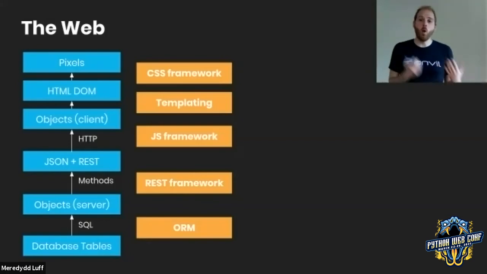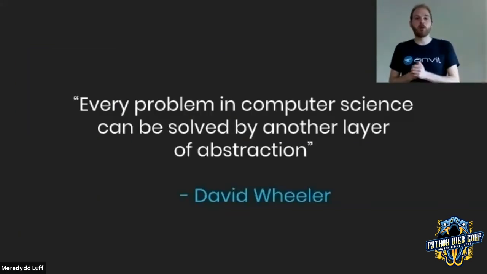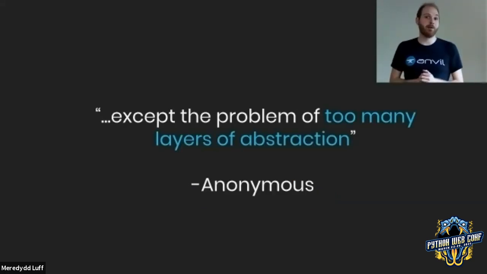And so all of these abstractions are terribly leaky, which has the effect that you need to know about everything in every one of all of these boxes in order to get your work done as a web developer. Every problem in computer science may be soluble by another layer of abstraction, except for the problem of having too many layers of abstraction.